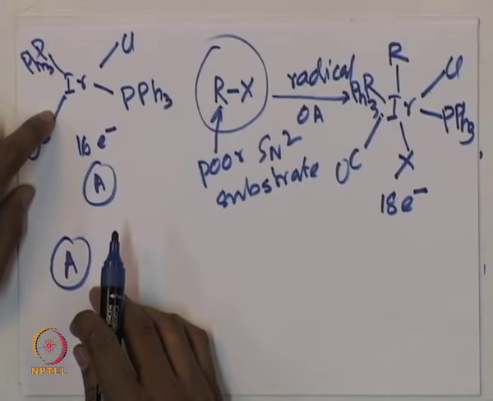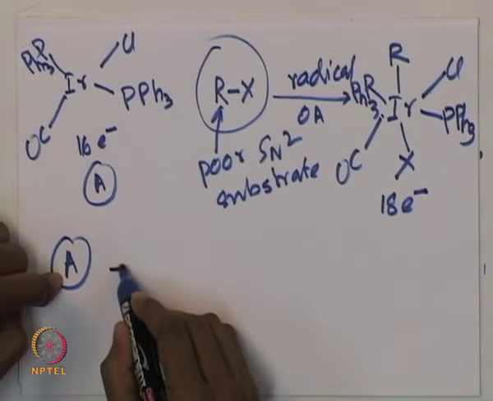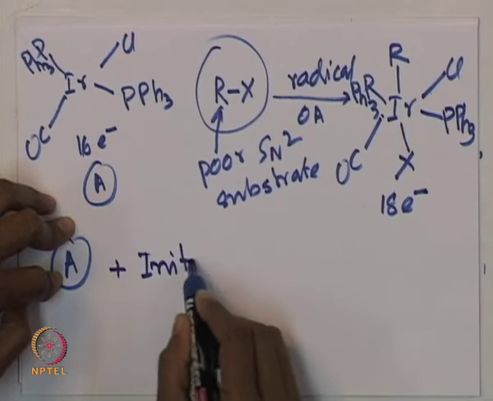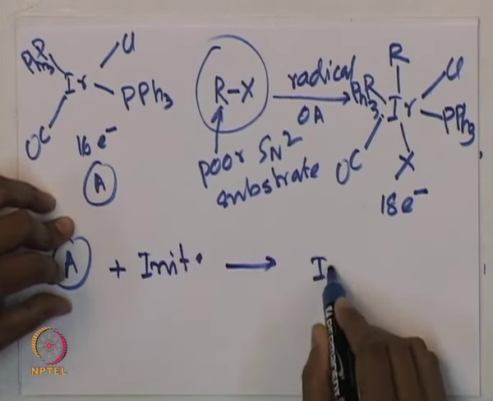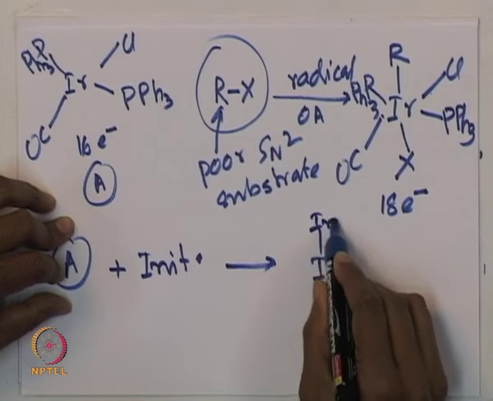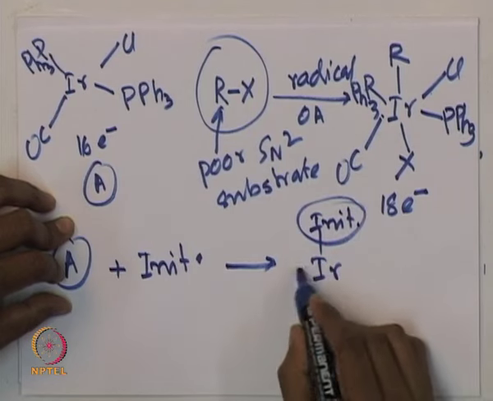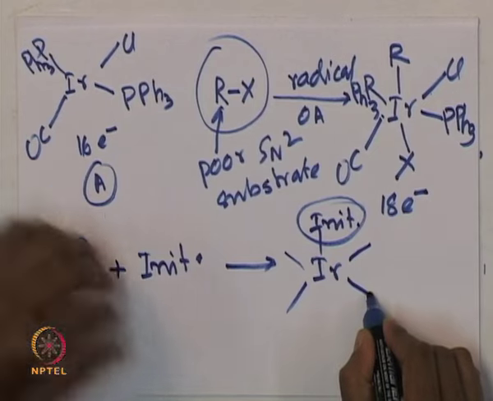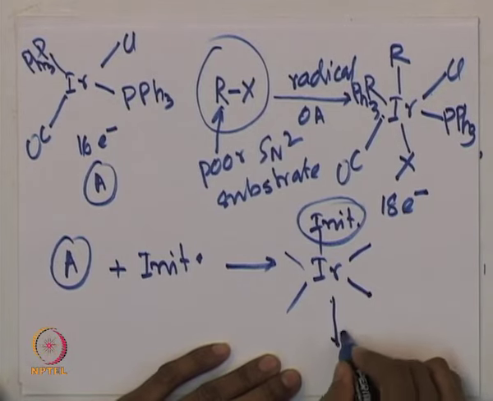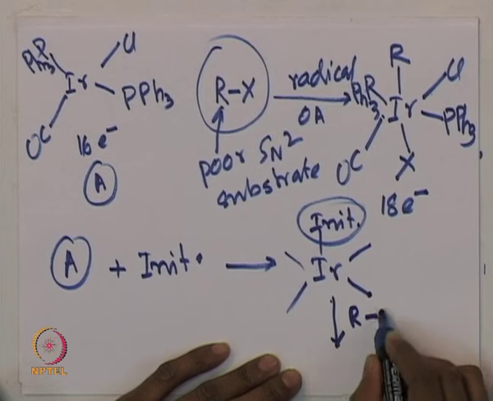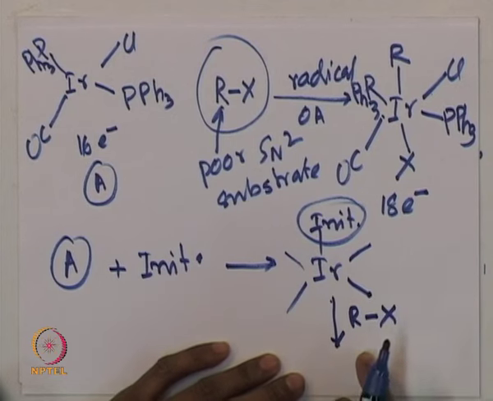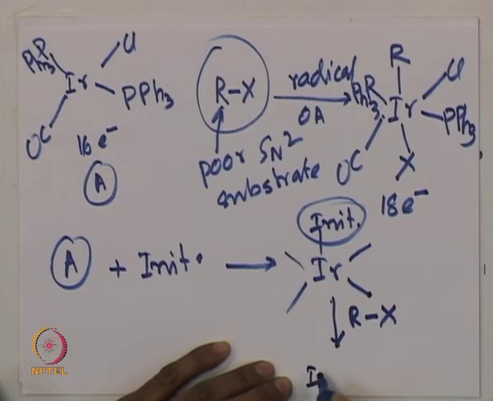So, the organometallic intermediate A will react with the initiator to give you initially an iridium initiator species. Rest of the coordination remains the same, and then the RX will be the one which is getting involved to give you an iridium complex where you will have X and initiator involved with it.